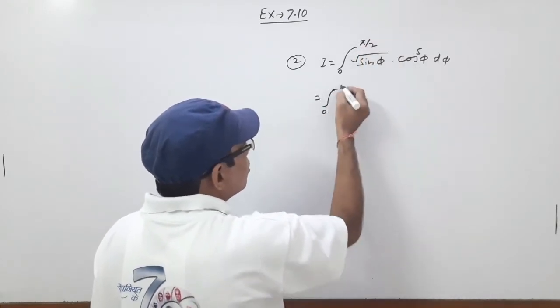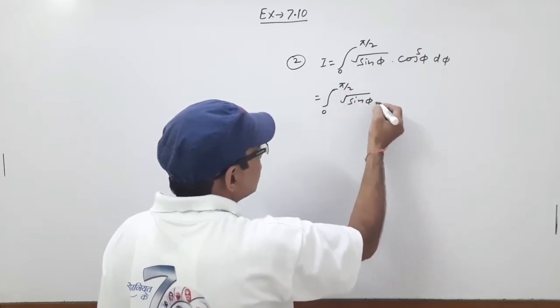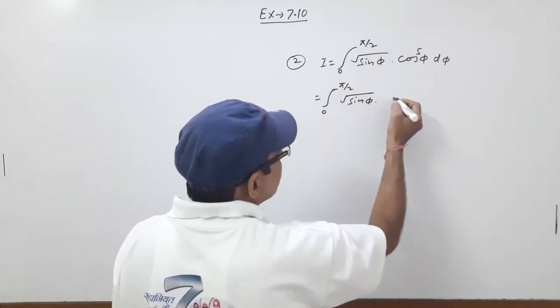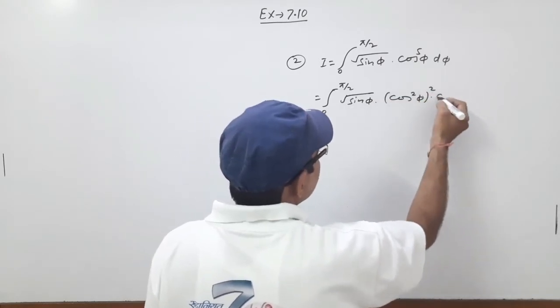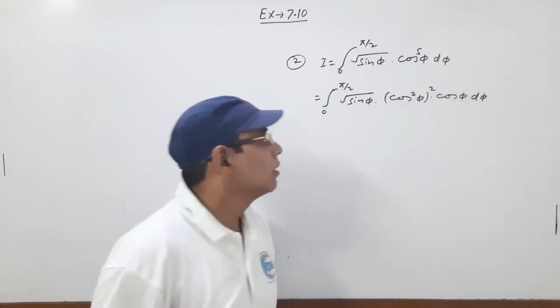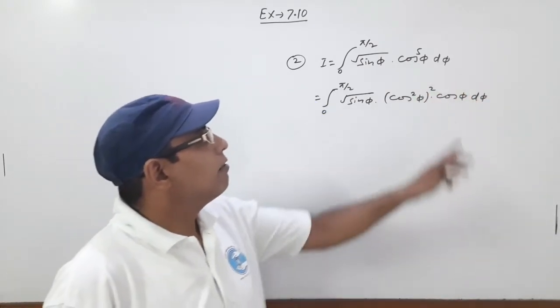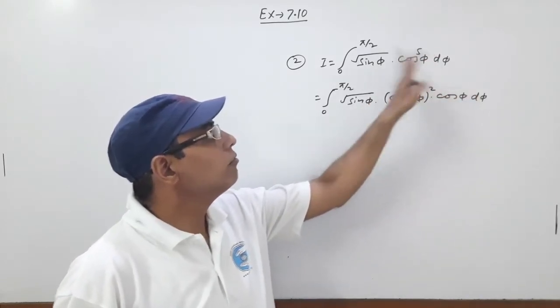Limit is from 0 to pi by 2 under root sin phi, and we can write this as cos square phi whole square and cos phi d phi. Here the power of cos phi is 5, that is 2 times 2 plus 1, 5.